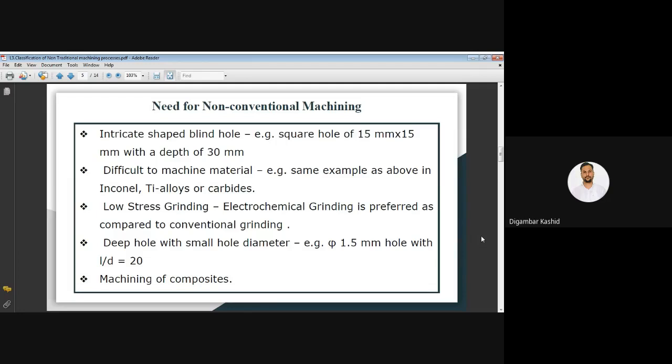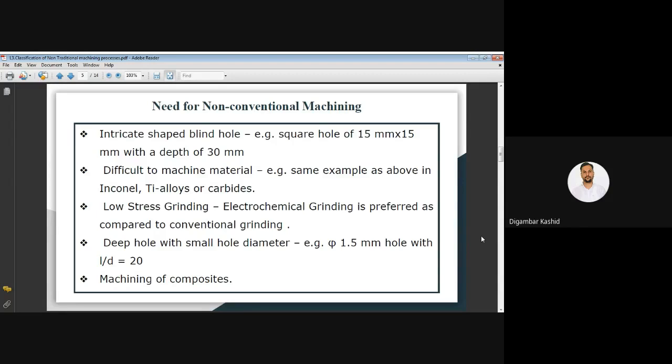With the development of non-traditional machining processes, they are currently the first choice in the industry, not just an alternative. Because of certain technical requirements in industry, there is a need for development of non-traditional machining processes. Due to that, they are going for micro machining also, along with advanced machining processes.